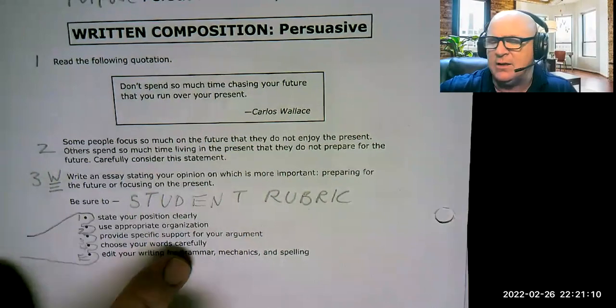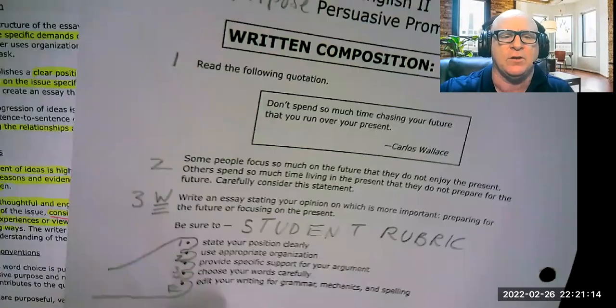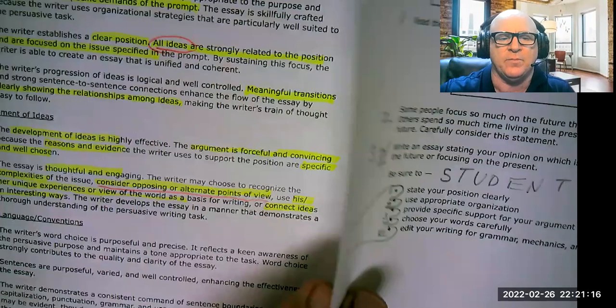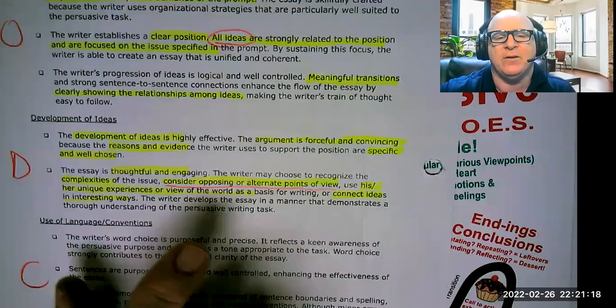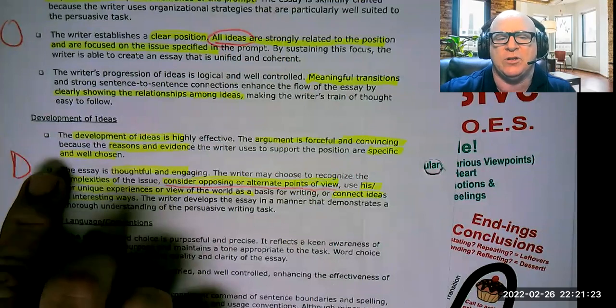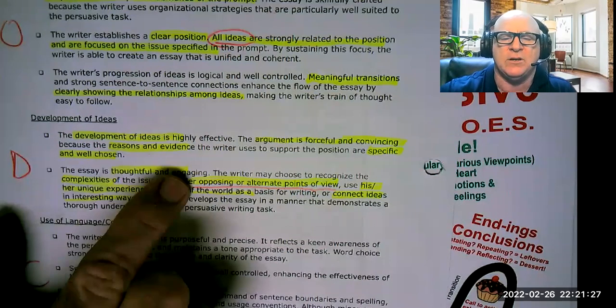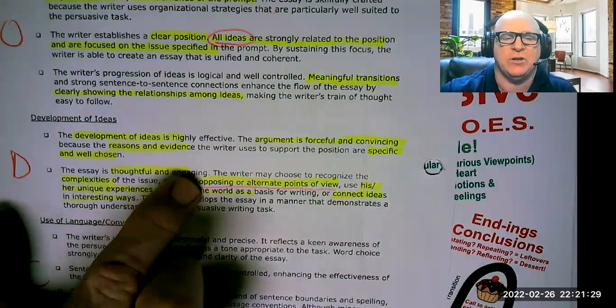And where is that in the adult rubric? Right there in the second part of development. Don't just develop, but have voice. It's very thoughtful and engaging. So that's why my fourth finger, I have my wedding ring to remind you, be engaging.